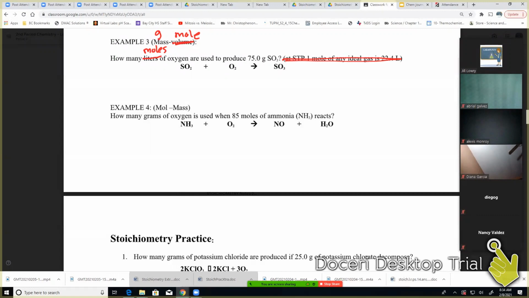So that if this is going to be a gram to mole problem, that means my given is in grams and my unknown, what I'm trying to figure out, is going to be in moles. So that's why we call it a mass. Grams is the same as mass. A gram to mole problem or a mass to mole problem.